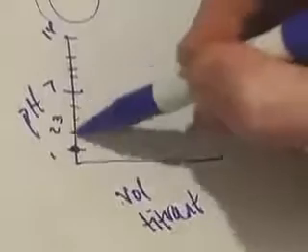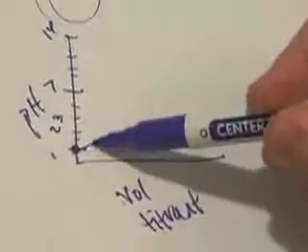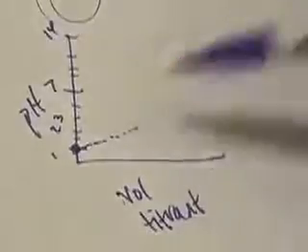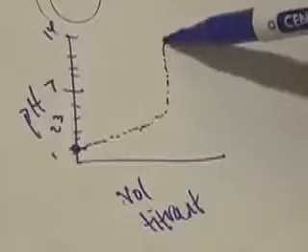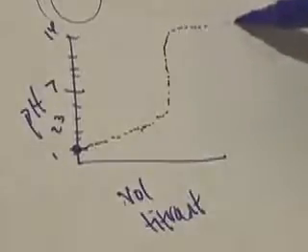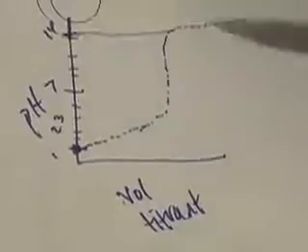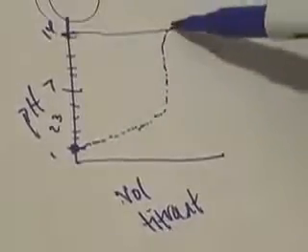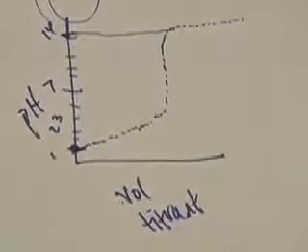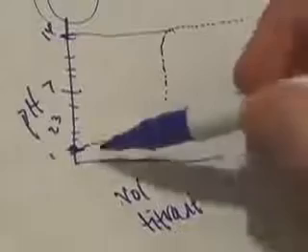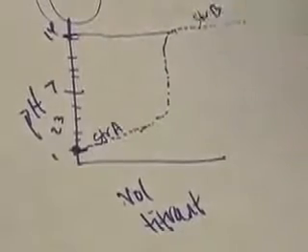So if you start with an amount of a strong acid down here, remember that it will increase gradually as titrant is added, and then there'll be a steep jump in the titration curve, and then it will level off up here at the top once again. And if it's a strong acid and a strong base, remember you're going to get a pH at the end of about 14 and a pH at the beginning of about 1. This is with a strong acid and a strong base. So strong acid starts here, strong base ends here.